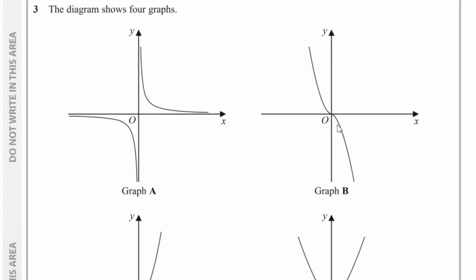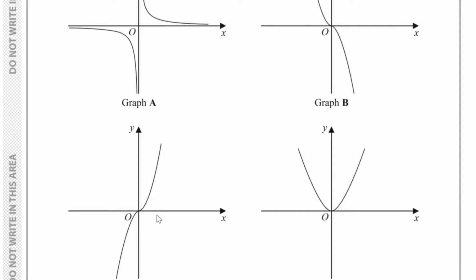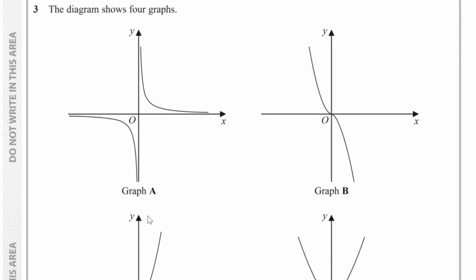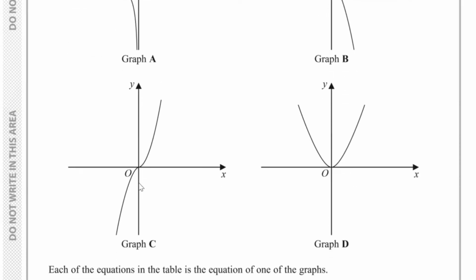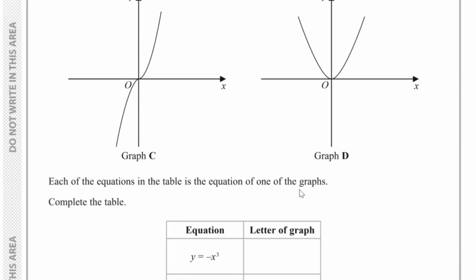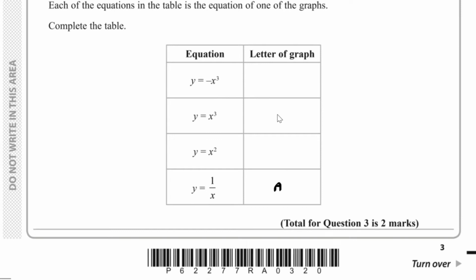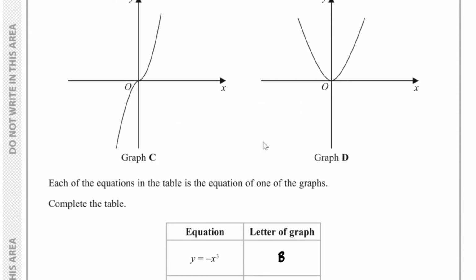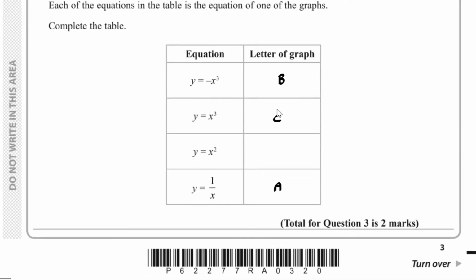If we take a look at graph B, this is similar to the graph of C. However, C is positive x cubed, B is negative x cubed. So we have the graph B being y equals negative x cubed, the graph C being positive x cubed, and the graph D then is a quadratic, y equals x squared.